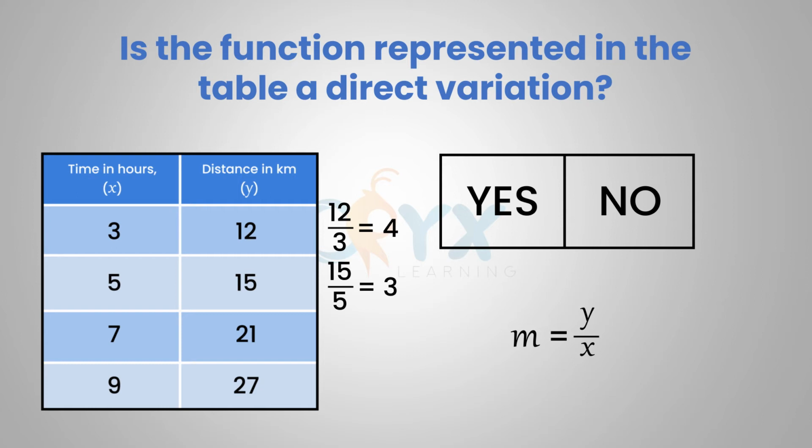Since the first two do not have the same values, they cannot be a direct variation, because direct variation has that constant of variation, that m value, where all the y over x's should be the same. 4 does not equal 3, therefore this is not a direct variation.